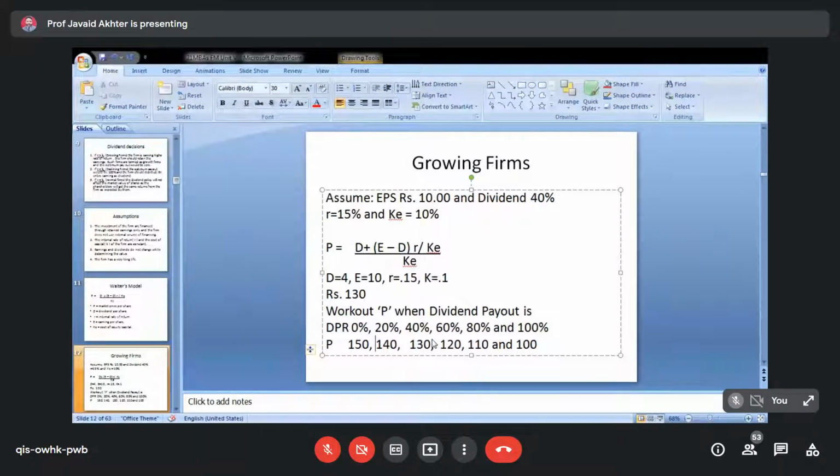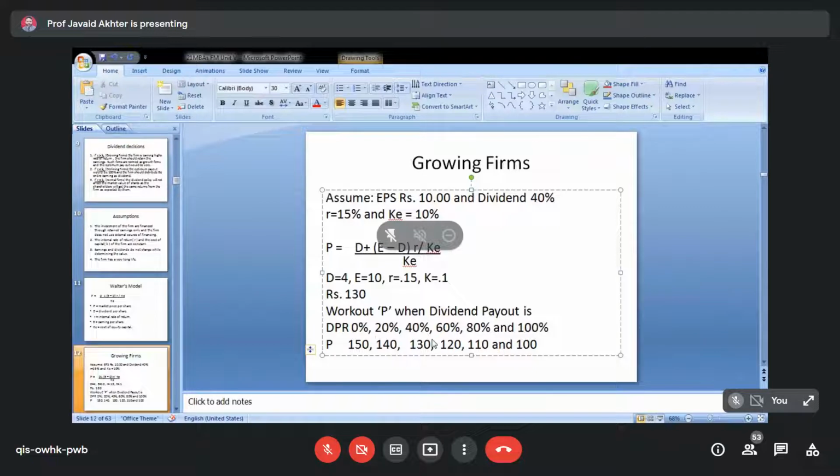Is this clear? Yes, sir. Are the dividend decisions according to Walter relevant or irrelevant? Relevant. And for which company have we concluded this? Growing firms.